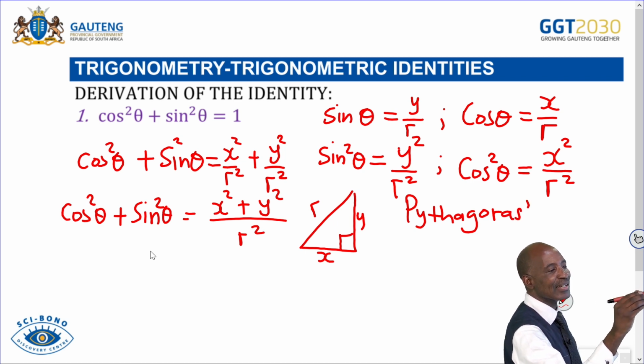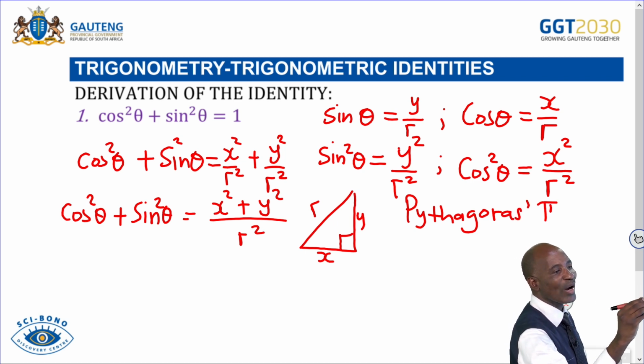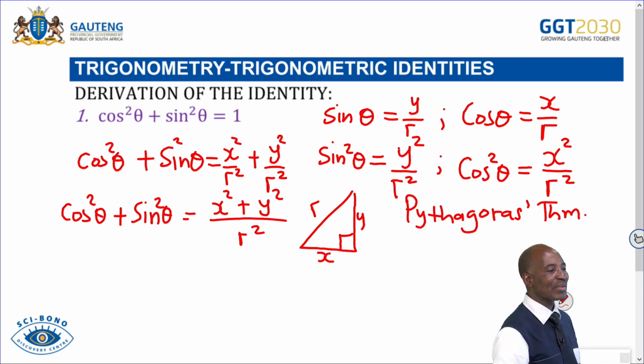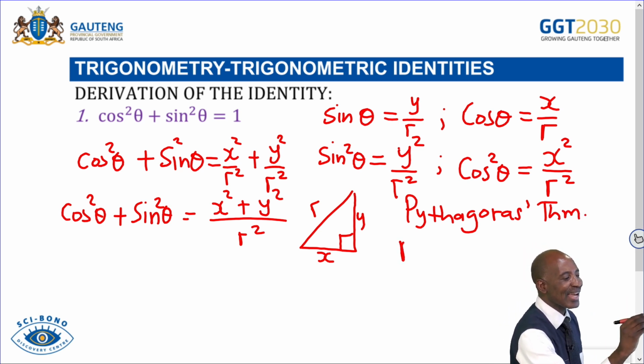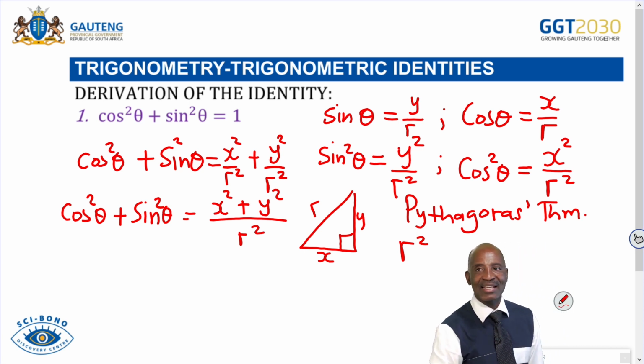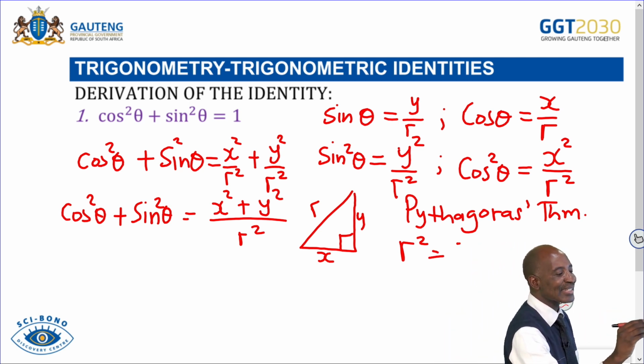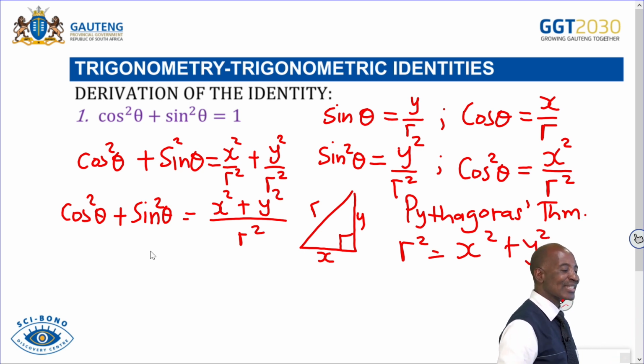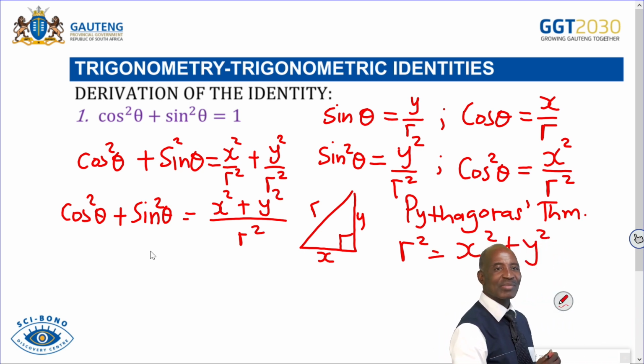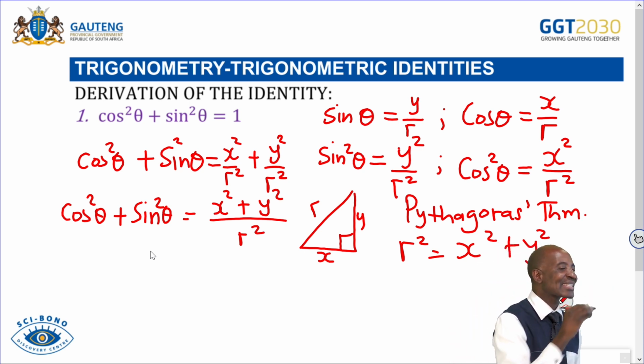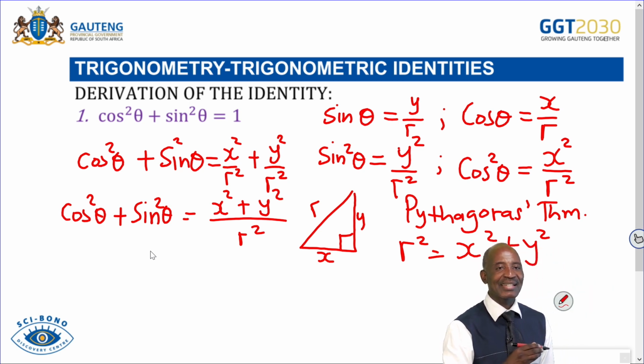Pythagoras' theorem. What do we know about Pythagoras' theorem? It says the longest side squared in a right angle triangle is equal to the sum of the squares of the other two sides. That's what Pythagoras' theorem says. It only applies in a right-angled triangle.